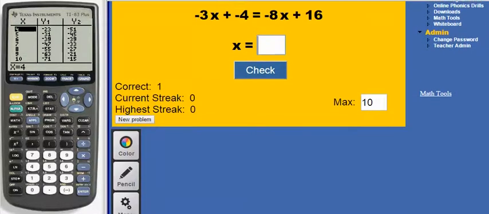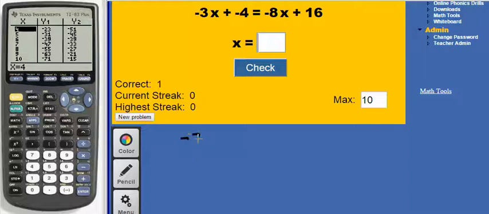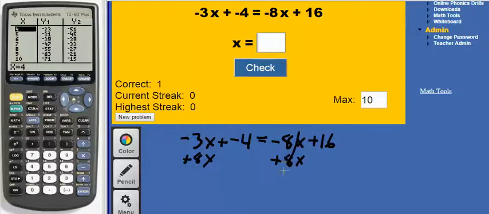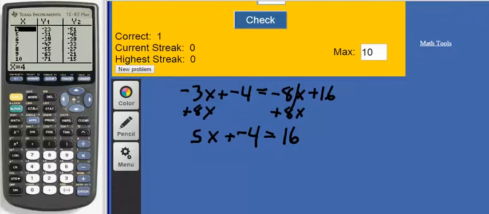So let's do this one by hand. Negative 3x plus negative 4 equals negative 8x plus 16. So all the x's on one side. So I just simplified everything, combined everything.